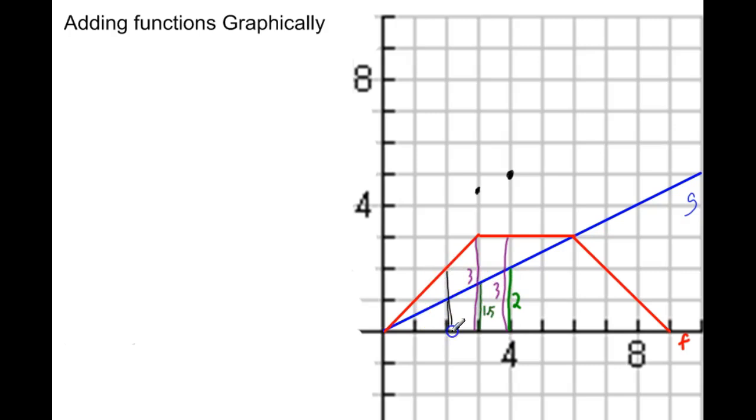1 and 2 would be 3. 1/2 plus 1 is 1.5. 0 plus 0 is 0. And then, let's see, this is 2.5 plus 3 would be 5.5. 3 plus 3 is 6. 2 plus 3.5 is 5.5.